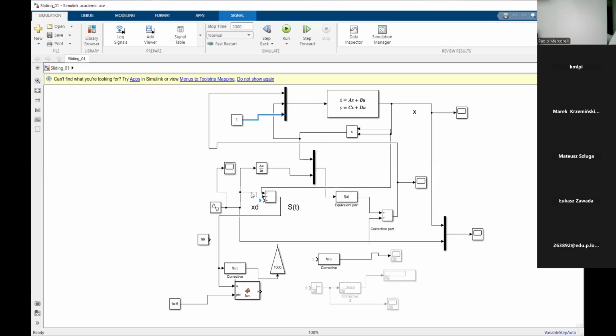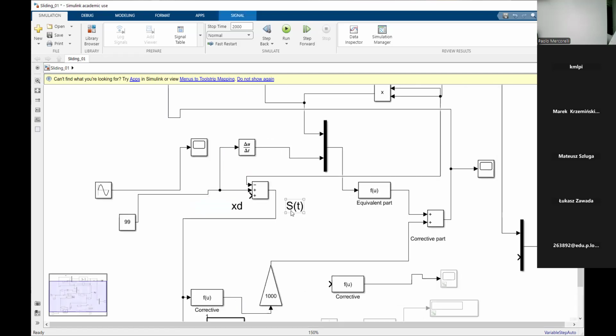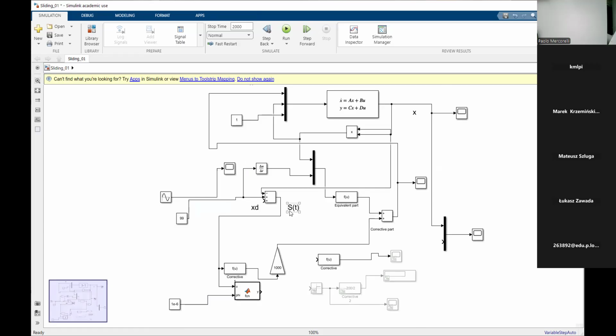Let me consider here as the input something easier now, a constant, for instance. This here. No? And this is the control, which I told you last time.